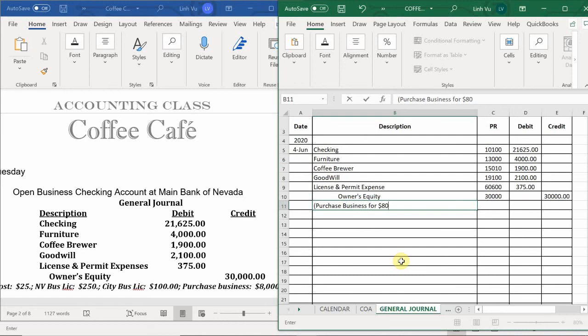I also had a Nevada license for $250, a city license for $100, and I also paid court costs to change my name of $25.